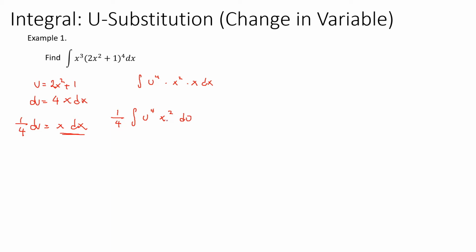So we're going to look somewhere in this equation where we could solve for x squared and turn it into u. That's from the original variable you set your u as. We said u was equal to 2x squared plus 1. So we could say that (u minus 1) over 2 is equal to x squared.